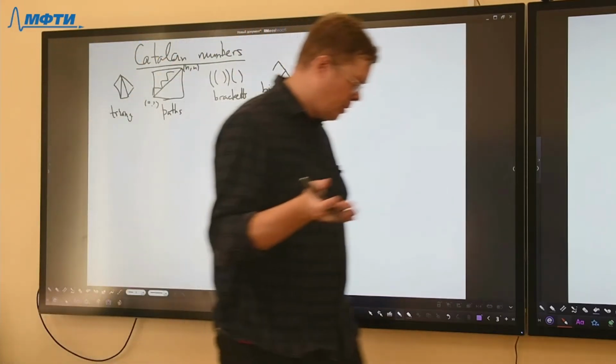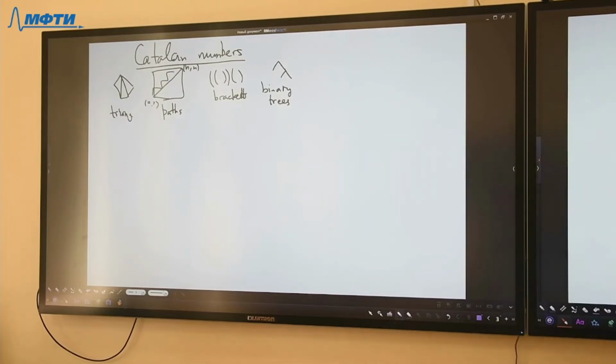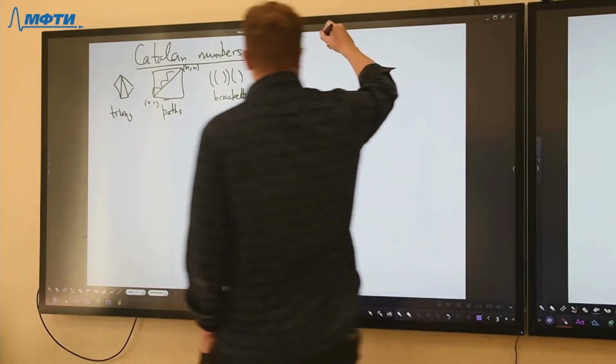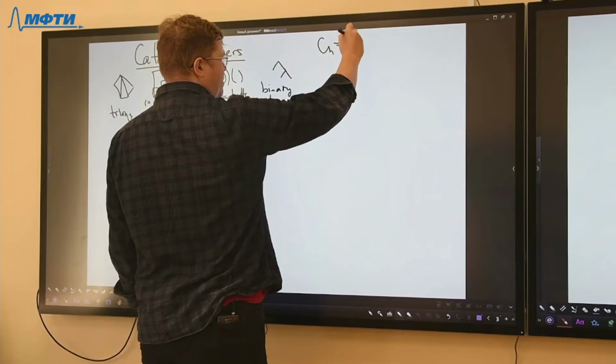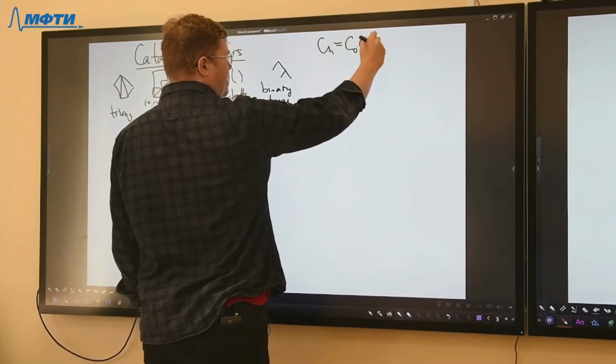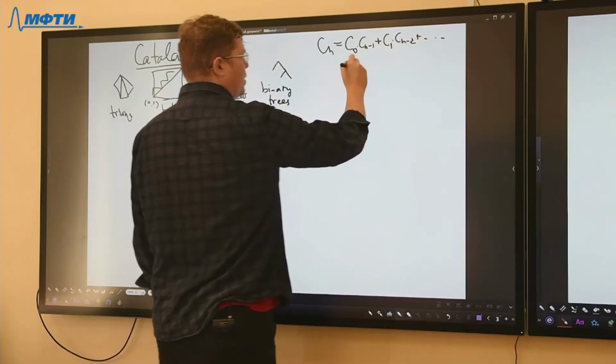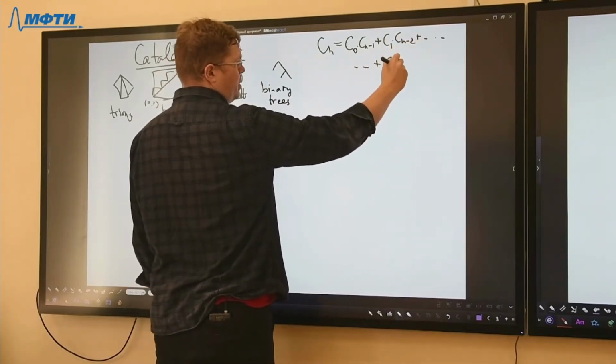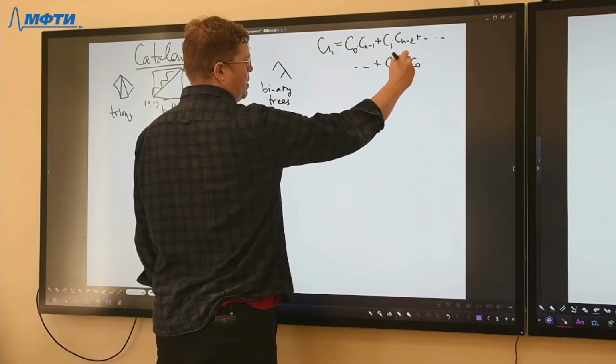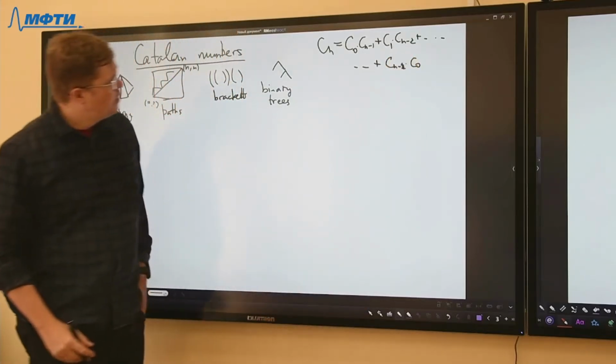So first of all, I want to prove the formula for the Catalan numbers, because we discussed that we have the recurrence relation that looks like this. You need to calculate the product of previous elements and sum them.